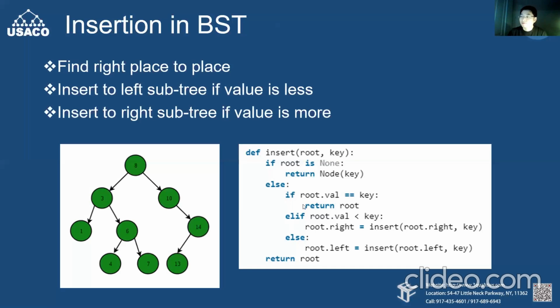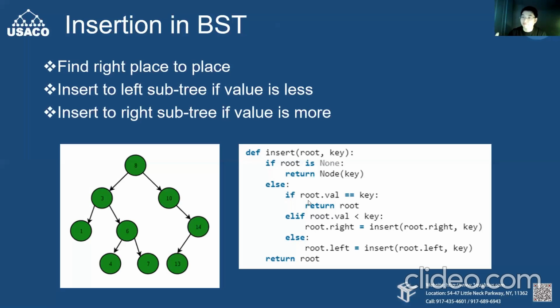So I'm checking if the root value equals the given key. What does it mean? There is an existing value in the tree. So I return the root directly.